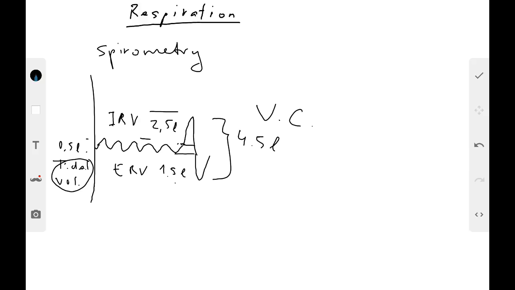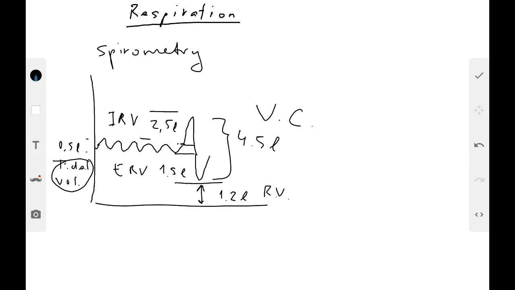But even after the deepest expiration, about 1.2 liters of air is remaining in the lung. It cannot be expired. This volume is called residual volume.